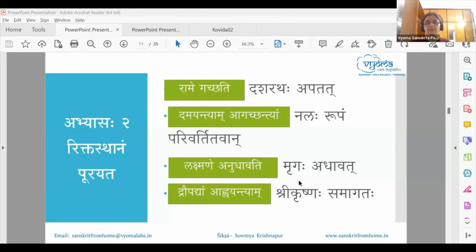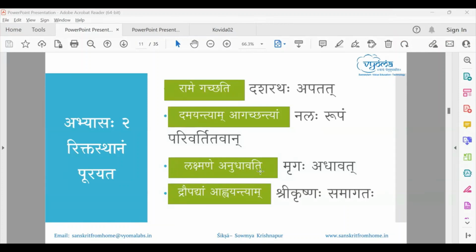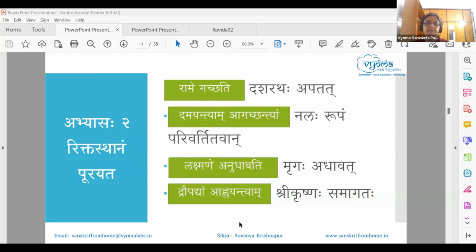So when the animal ran, when Lakshmana was chasing it. Lakshmane anudhavati. And Sati is implied here. In all these things, Sati is not given, but we can use them. Sati, Mrigaha Adhavat. So Sati is implied, it is because Lakshmana is in Saptami Vibhakti.